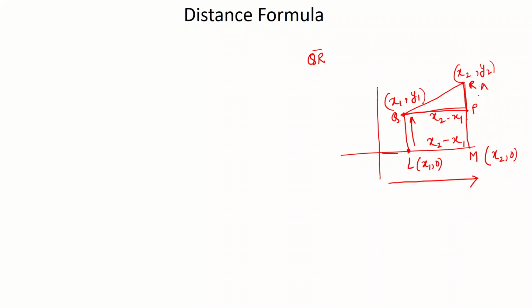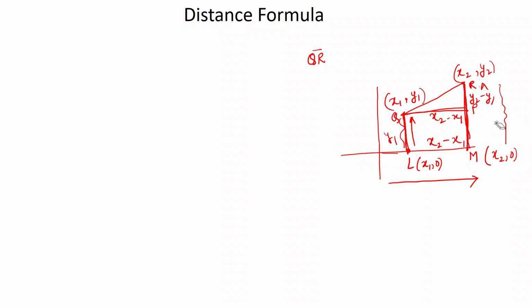Let me clean some stuff over here for your better understanding. So this entire length from R to M is y2, and PM is y1. Why? Because PM is equal to QL and this height is y1. So PR is this entire distance y2 minus this distance y1. So I get PR equal to y2 minus y1.